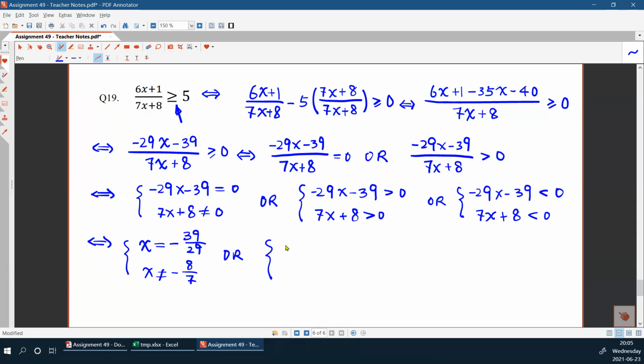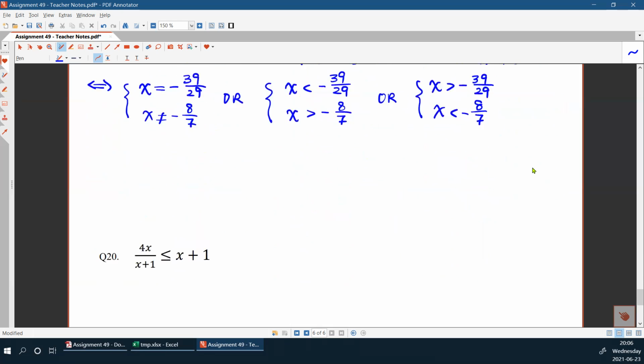Or x is smaller than minus 39 over 29, and x should be larger than minus 8 over 7. Or x should be larger than minus 39 over 29, and x smaller than minus 8 over 7, right?